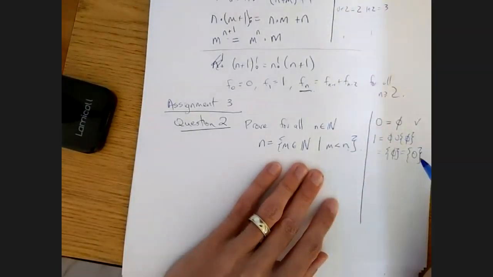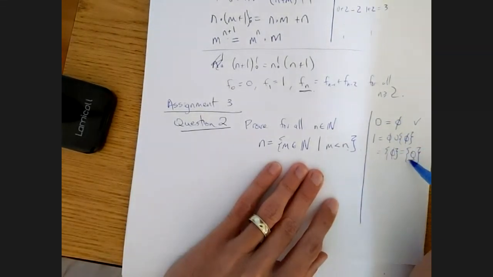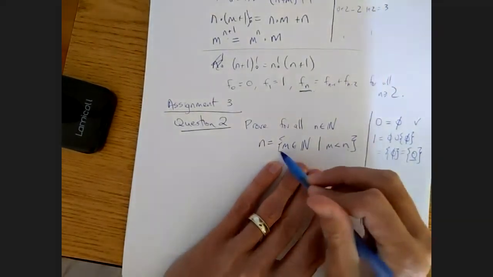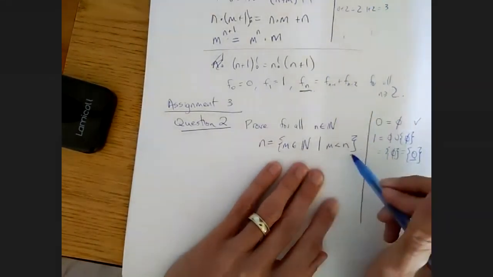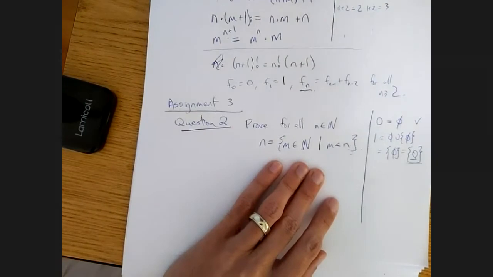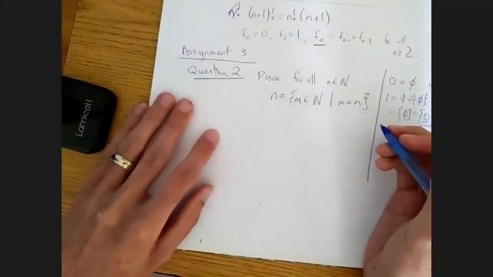And of course, 0 is the only number less than 1. So for n equals 1, this set is exactly equal to this. So it seems to be true at least for 0 and 1, and we want to prove that it's true for all natural numbers.